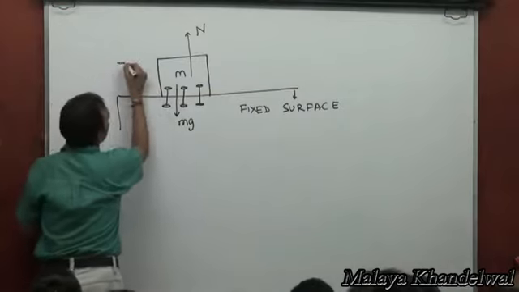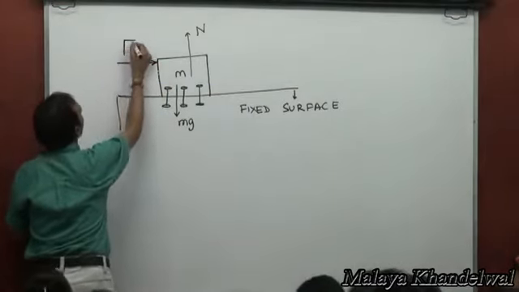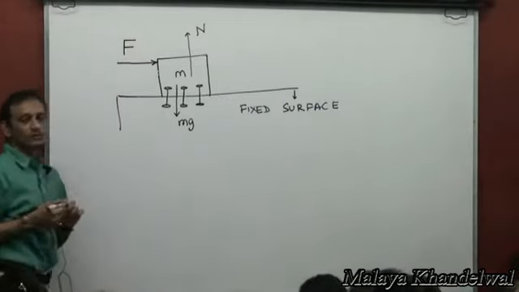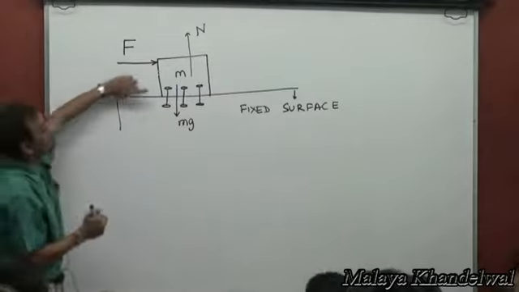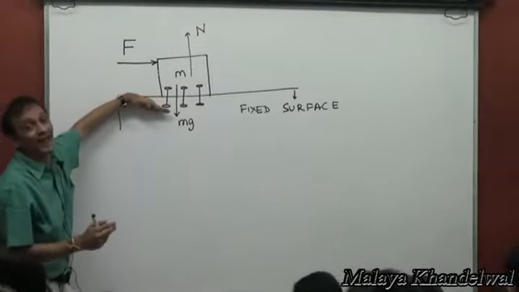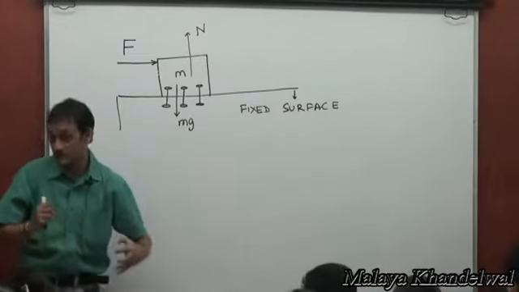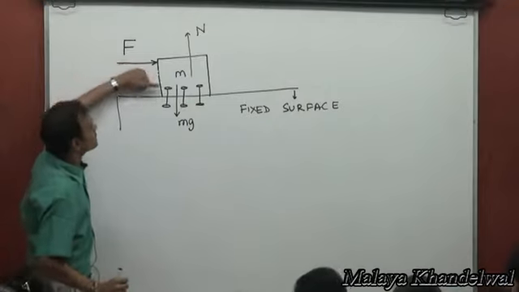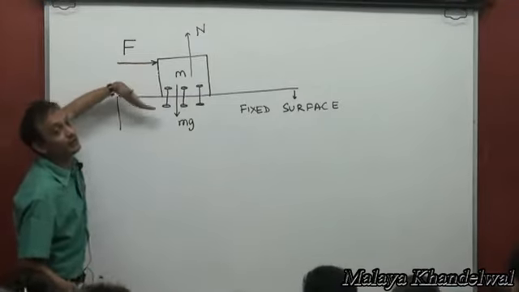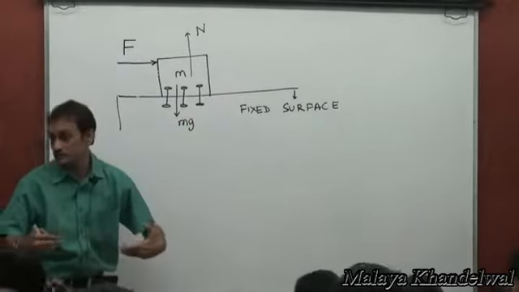When you apply an external force F, then these pins prevent M from having any motion relative to the fixed surface. These pins ideally would like to prevent small m from having relative motion on this fixed surface, right? That's what these pins would want to do.